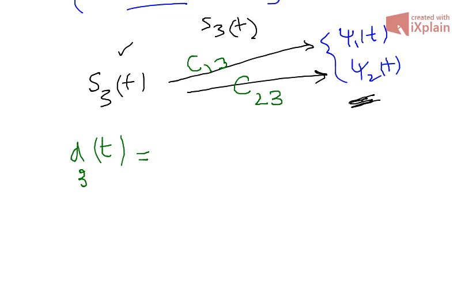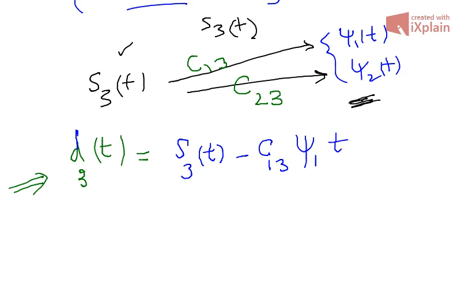Once we find C13 and C23, we can find D3 of t, which would be S3 of t minus C13 psi 1 of t minus C23 psi 2 of t. This D3 of t would be the signal which is orthogonal to psi 1 and psi 2, right?